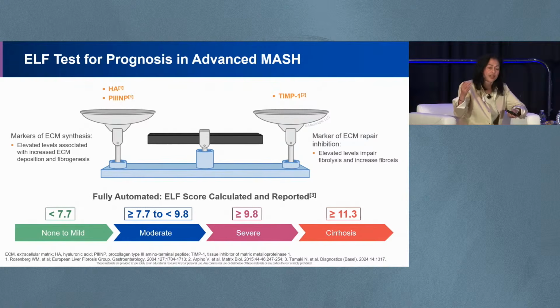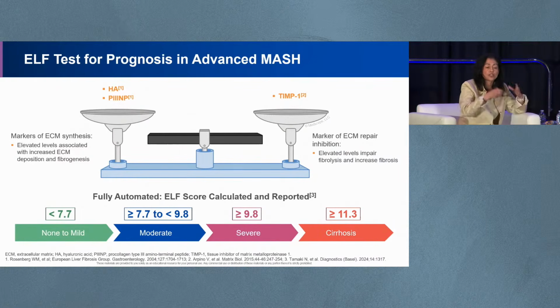On the other hand, we talked about regression, and macrophages are constantly trying to resorb that collagen through the secretion of matrix metalloproteinases. But there are inhibitors of those matrix metalloproteinases, and TIMP1 is a classic one, so it inhibits that kind of regression.